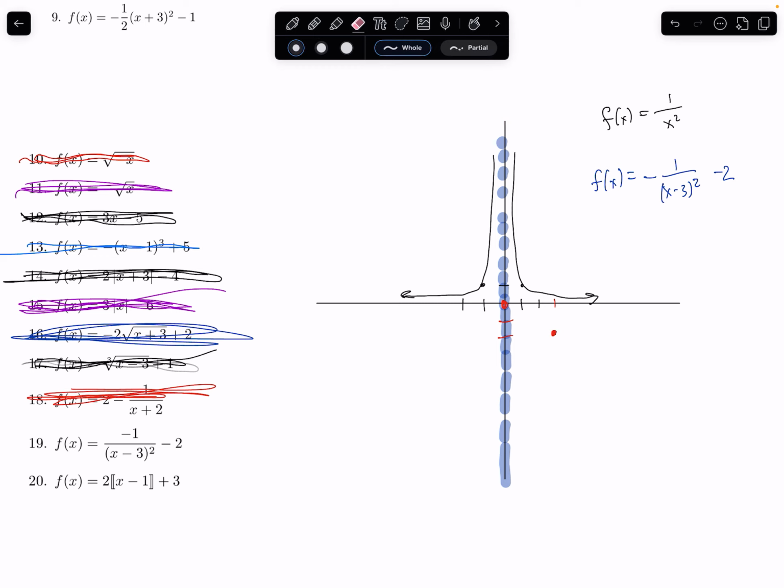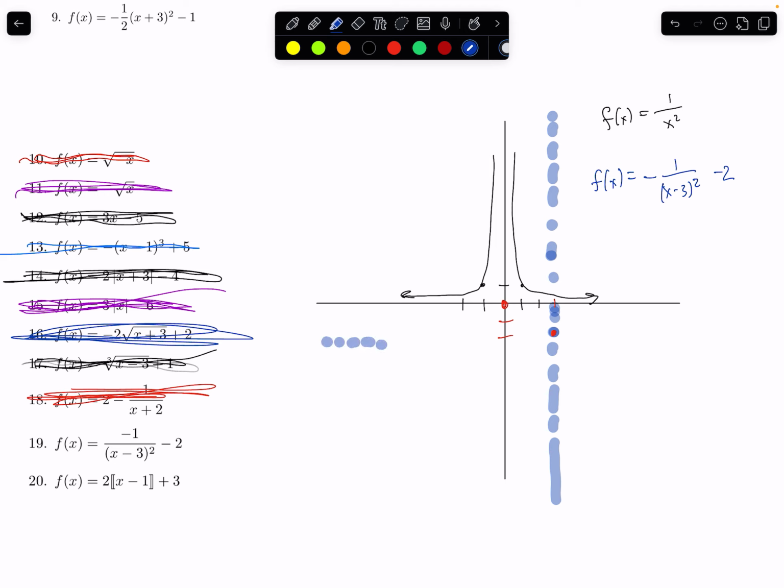Okay, let's erase the old asymptote. Okay, where's my new asymptote then? New asymptote should be right in line with this guy, right? So straight up from there. Okay, and then also, by the way, straight across, right? So that's at -2.